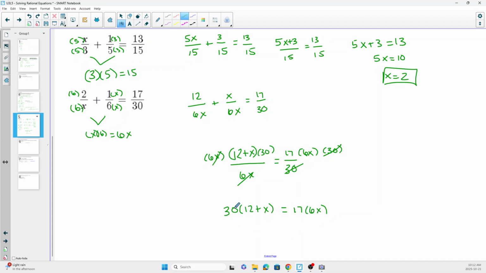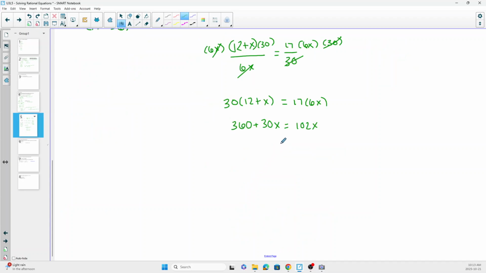So 30 times 12, well, 3 times 12 is 36, so this is 360, and 30 times x is 30x, plus 30x, and 17 times 6, 10 times 6 is 60, 7 times 6 is 42, so we have 102x, and I need to get all my x's on one side, so I take away 30 x's over here. So I have to take away 30 x's over there. So I have 360 is equal to 100 minus 30 would be 70, and that's too many. So it's 72 too many, so 72x.